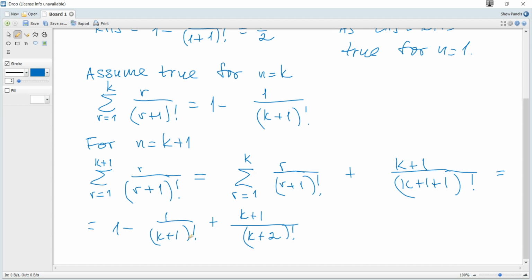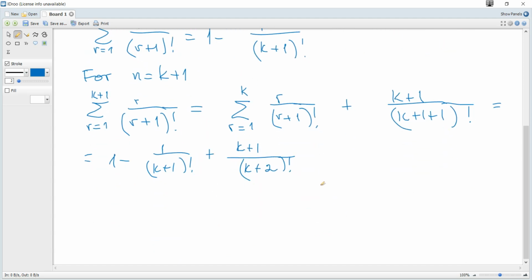And since we need 1 plus some fraction, we will not touch this one and just try to simplify these two fractions.